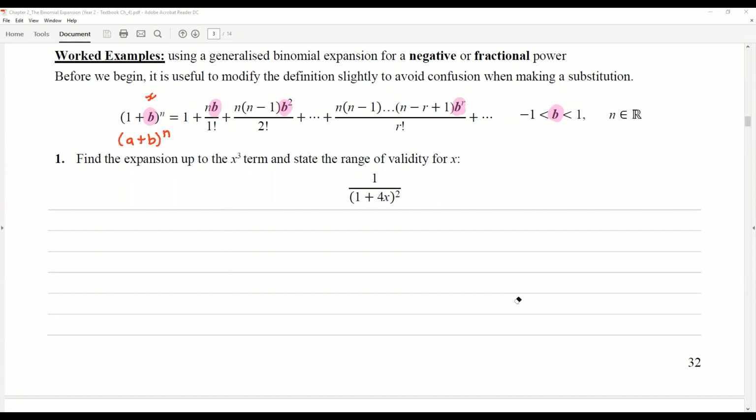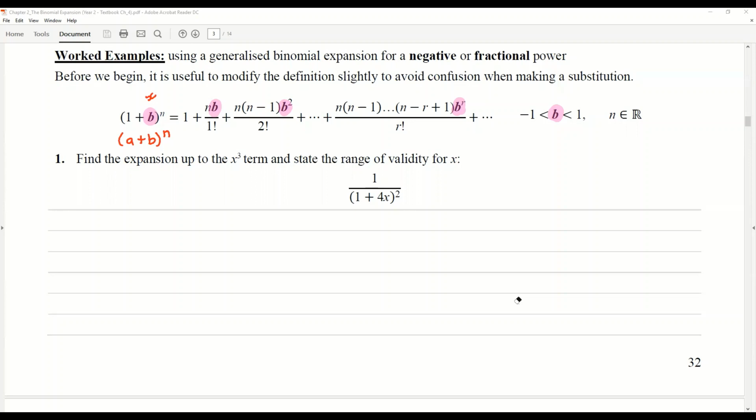You don't want to be substituting in x equals 4x or x equals 3x. Just becomes a little bit dubious. So I want to be clear that our substitution is not going to be ambiguous. All right, so I want to use letter b.